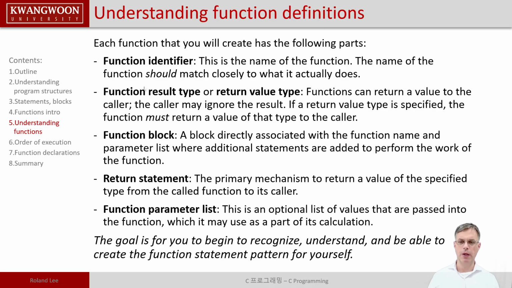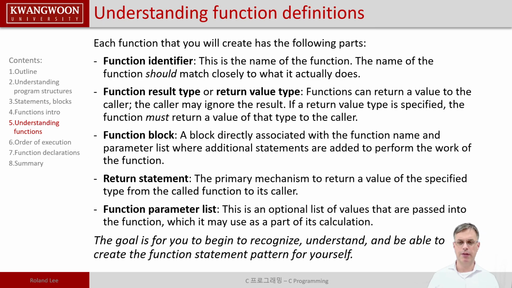As for the next one, function result type or return value type. Functions can return a value to the caller. The caller may ignore the result. If the return value type is specified, the function must return a value of that type to the caller. Function block. A function block is a block directly associated with the function name and parameter list where additional statements are added to perform the work of the function.